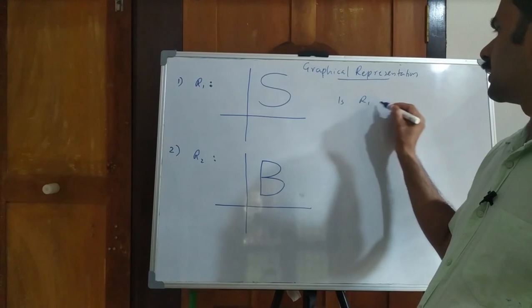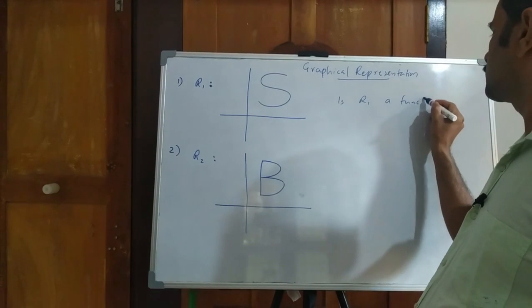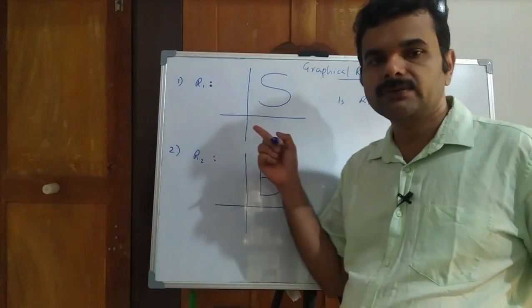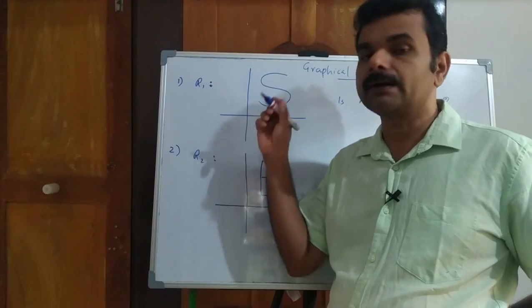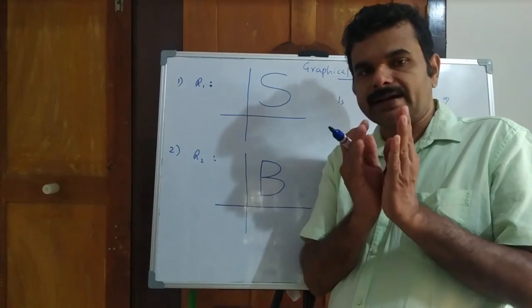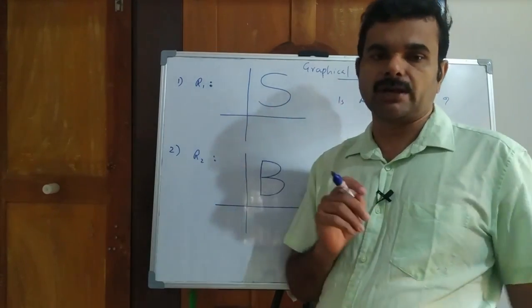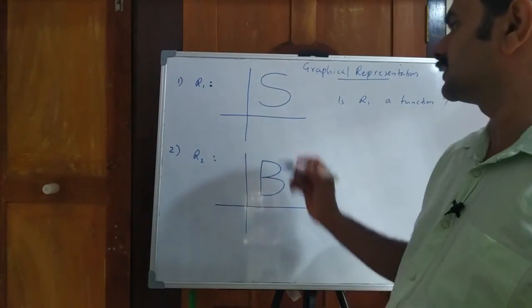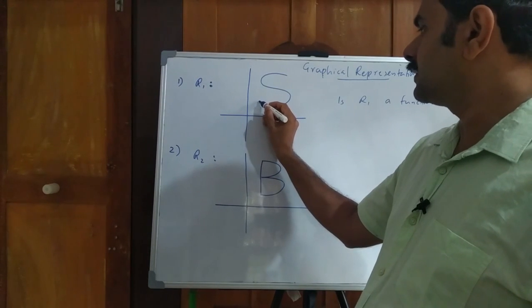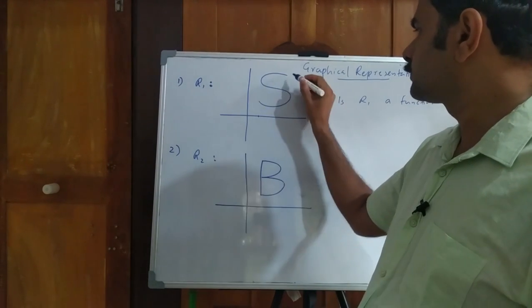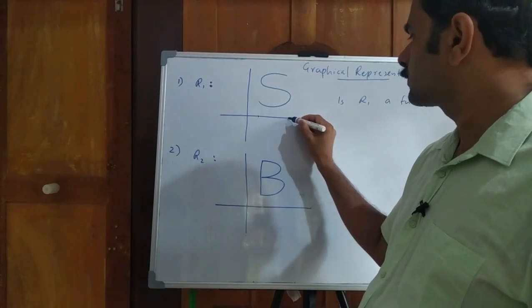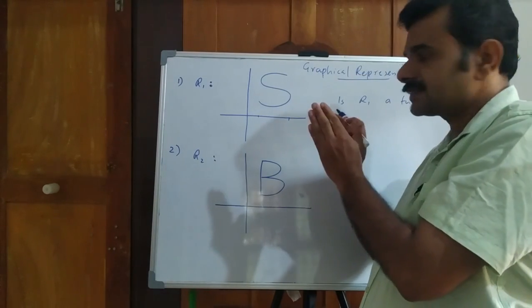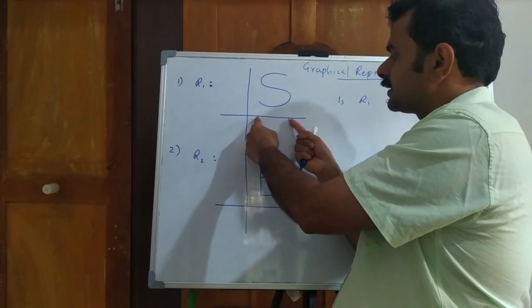Is R1 a function? So when we are talking about a graph, x and y values are to be compared, isn't it? For one x value, there should be only one y value. That is, the one and only one image property is to be satisfied. Here we are taking the domain from here up to here, because this capital S takes x values up to here, isn't it?